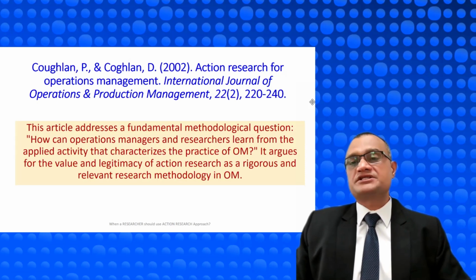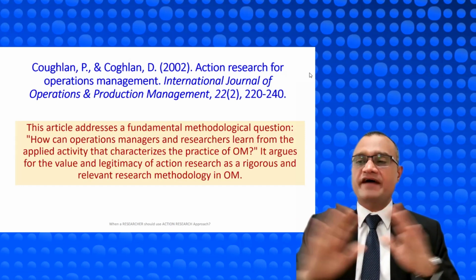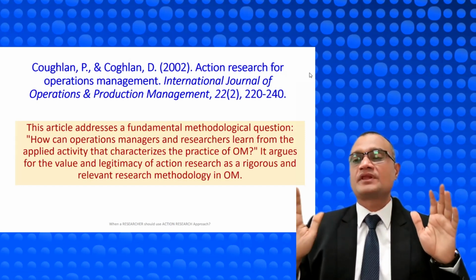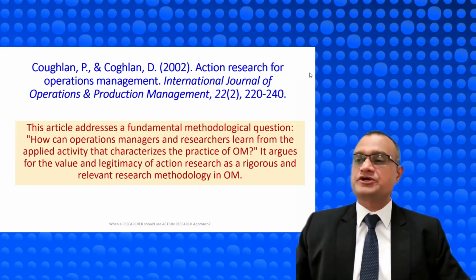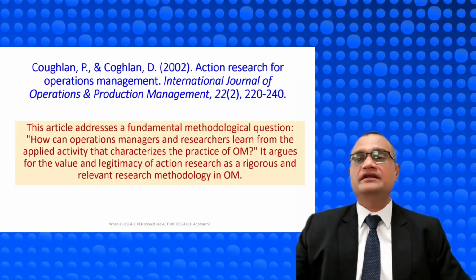The paper is published in the International Journal of Operations and Production Management, volume 22, number 2, pages 220 to 240. This paper provides very clear-cut guidelines with suitable examples to understand how we can execute action research in the real world.